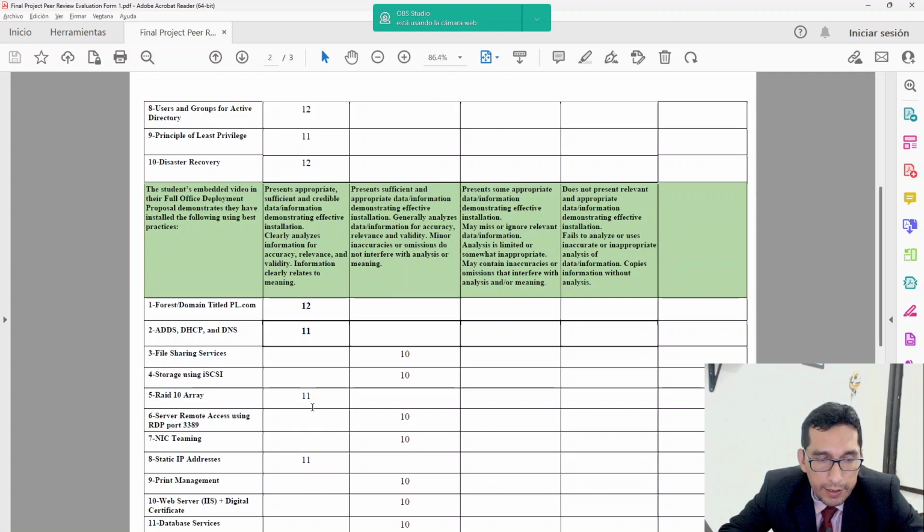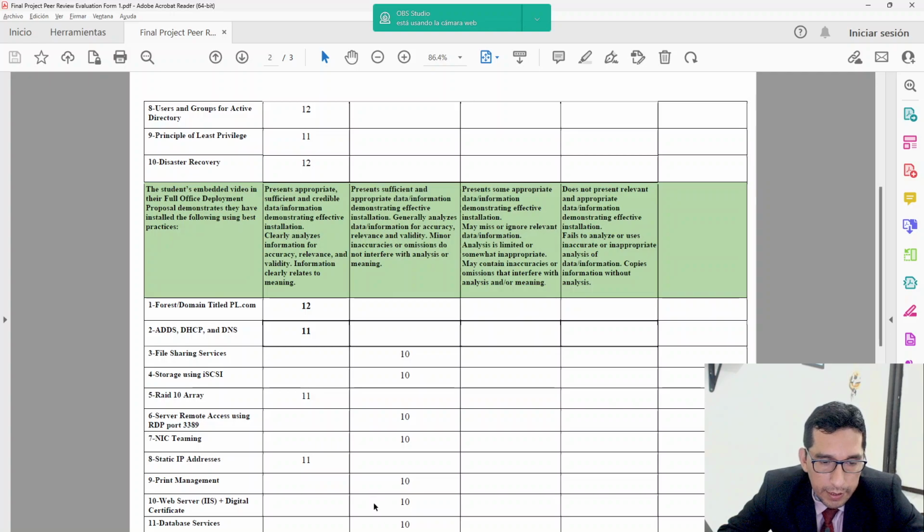The server remote access using RDP for the port 3089, the NIC teaming, the static IP address, and assigning it to the server and sharing in the domain is very important too. The print management, I would like more information about it, because I can't see how you implement the printers in the network.